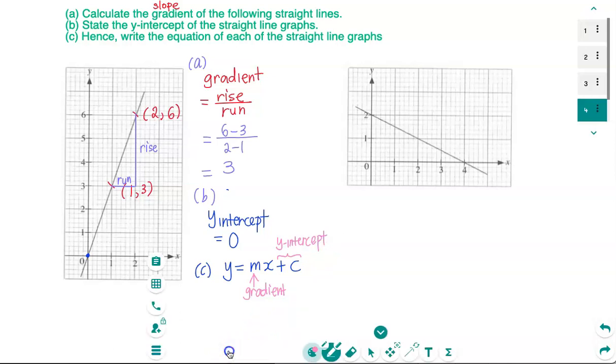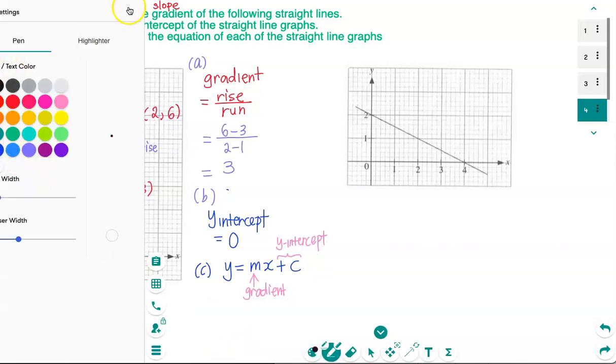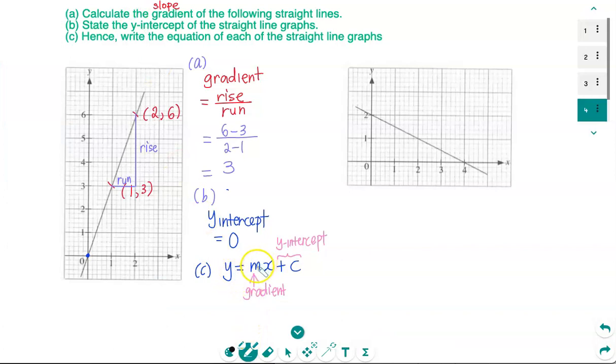To come up with the equation of the straight line, we simply have to substitute the value of m and c. Because this line has a unique gradient and a y-intercept, when we substitute in, the gradient is 3 and the y-intercept is 0.